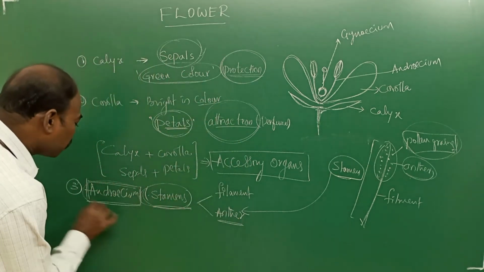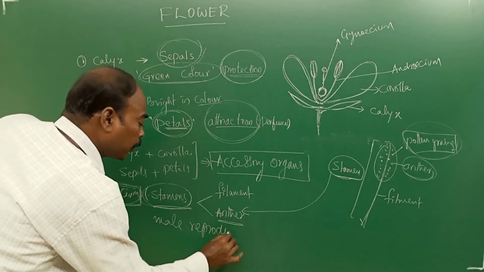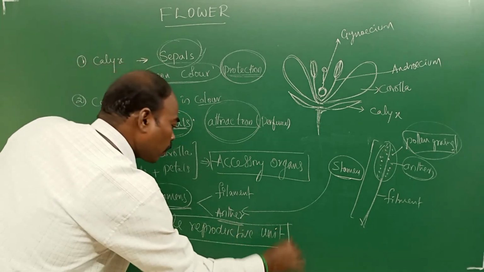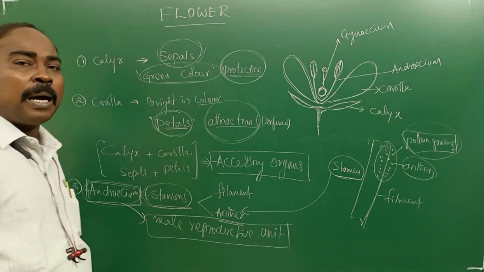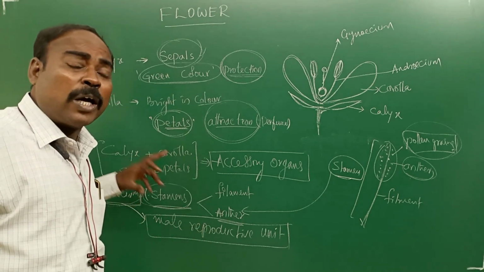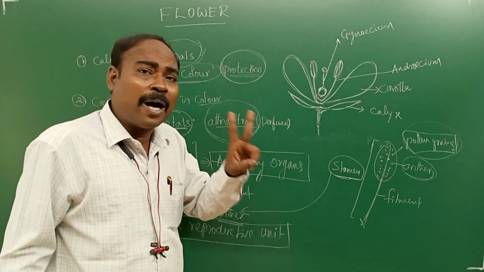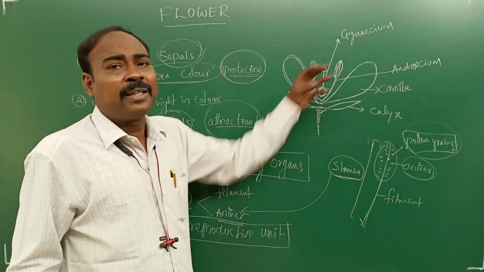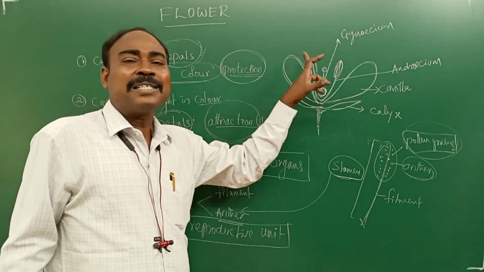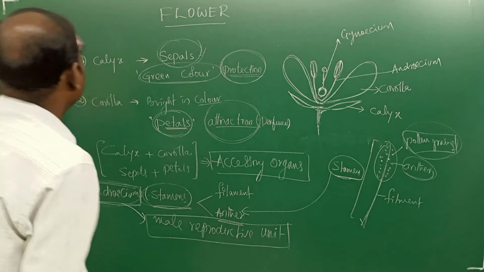So androecium is responsible for what? Male reproductive unit. Androecium consists of the modified leaves called stamens. Each stamen has two parts, stalk and anther. Within the anther, pollen grains are developed. So androecium is considered the male reproductive unit in a flower. Okay, clear? Next.